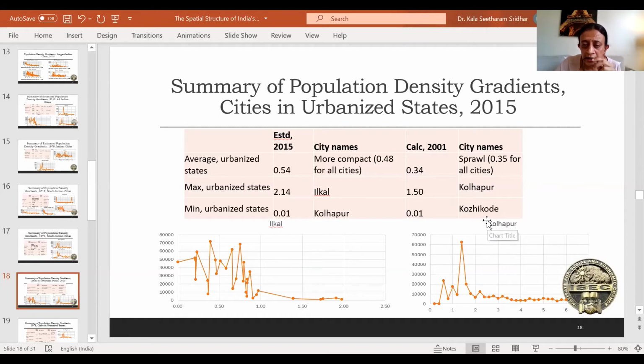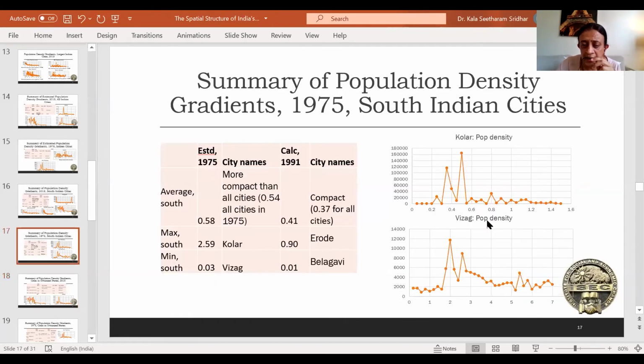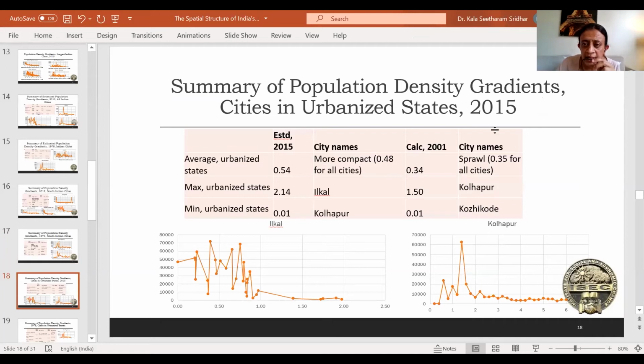In 1975, the population density gradients for South Indian cities, from both the calculated and the estimated, pointed to compactness. Here, for the urbanized states in 2015, the calculated and the estimated point in opposite directions, although it is a very small change in the density gradient to consider that sprawl.